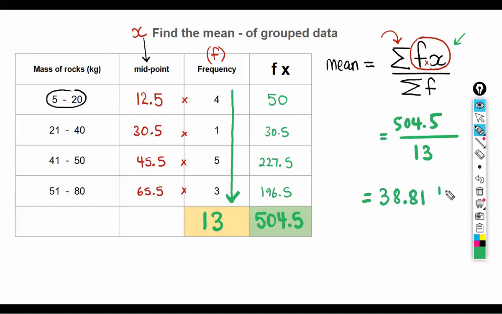So 38 point anything, and you have to put kilograms because it's kilograms we are measuring to get full marks in the exam. So like I said, I'm not going to fight about the decimal places. 38 point anything will do. I know some of y'all might just round it off to 39. Still take it as correct.